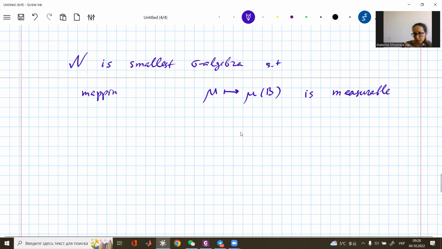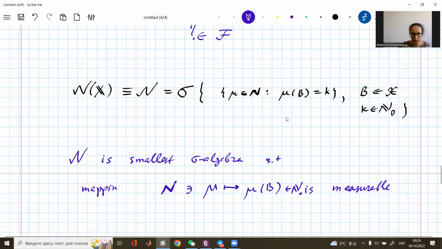Here, please note, this mapping is from the set of measures into natural numbers plus 0. Don't miss these letters, please. It is very simple to see, because you can just consider that this mapping is measurable if it belongs to such a subset.